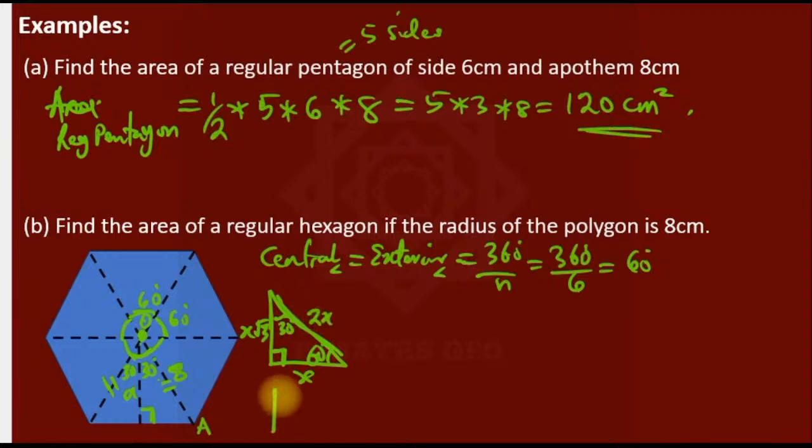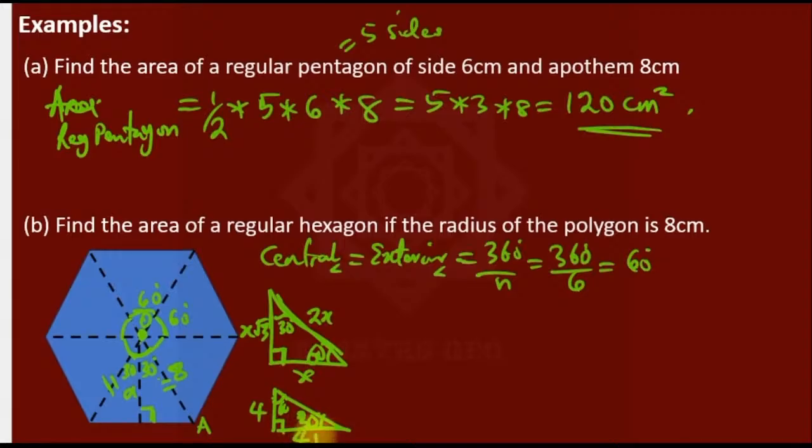So for example, if this angle is 30 degrees and this side is 4, the one opposite 60 will be 4 times root 3, and the one opposite 90 will be 4 times 2, which is 8. So that's what we are going to use here.